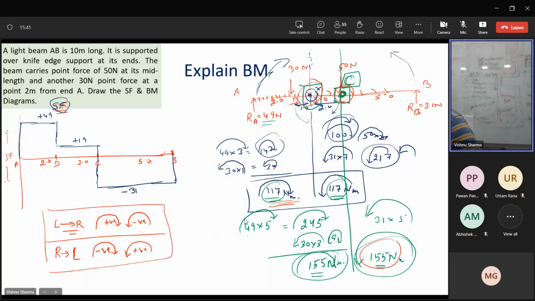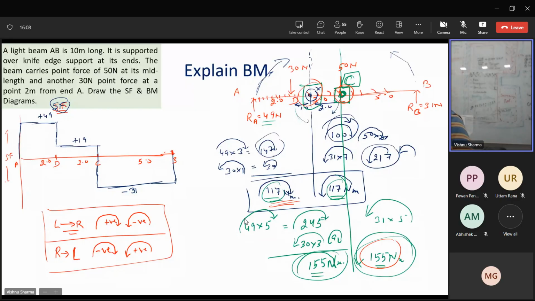So bending moment at every point will have to be calculated again and again, because whether forces change or not, the lever is changing. Therefore, the way I have shown you for explaining what bending moment is, is not user friendly.